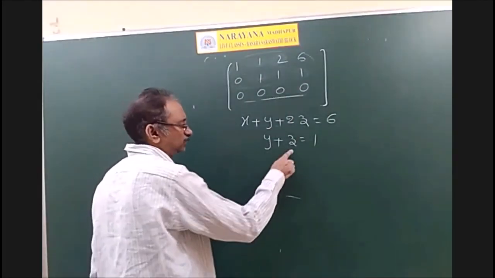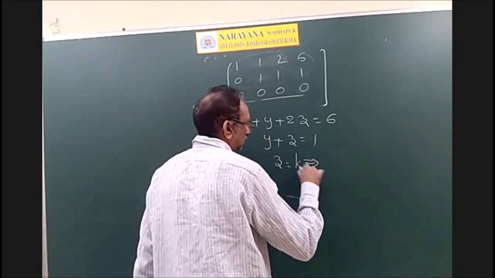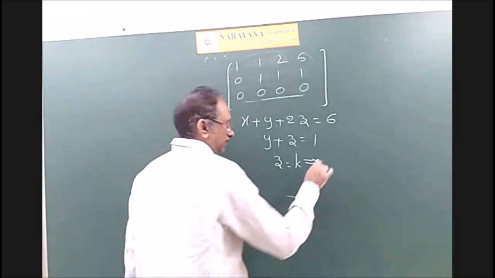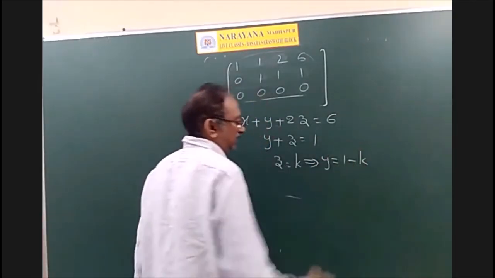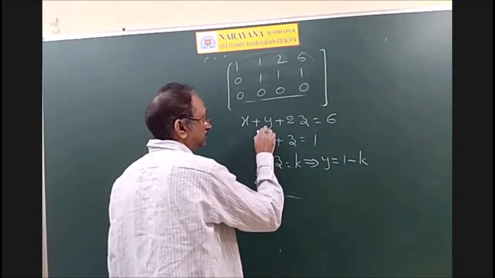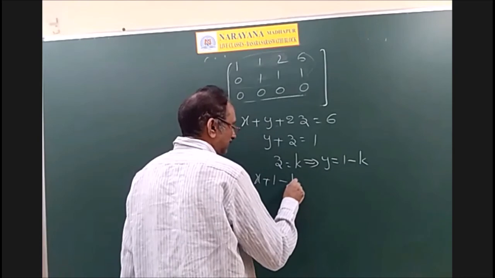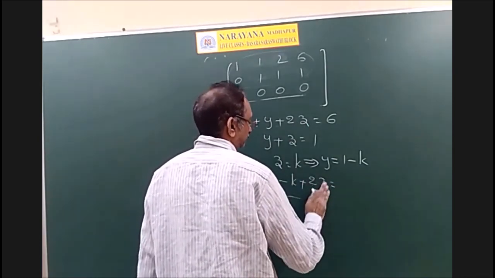Now see this one. If you put z is equal to k, you can take any value of k. Immediately you will get the value of y in terms of k: 1 minus z, that is 1 minus k. Therefore, in this equation, put 1 minus k in place of y and k in place of z.